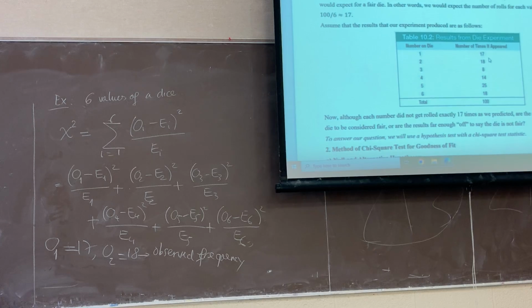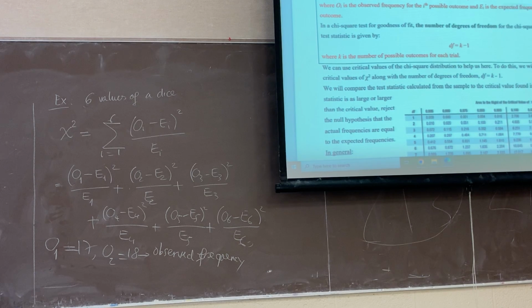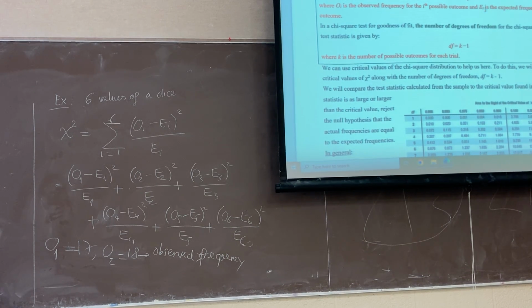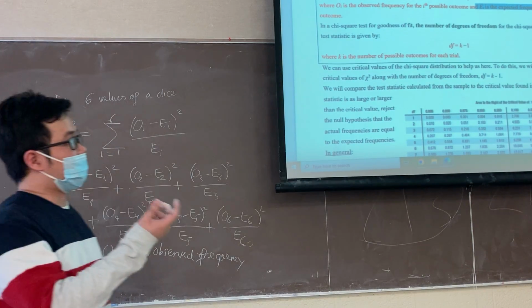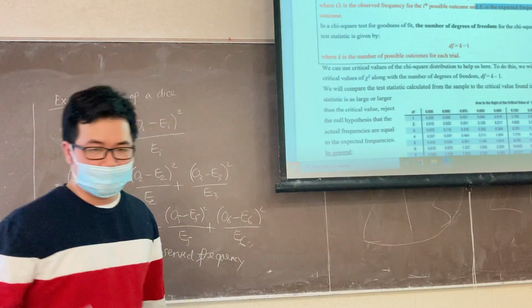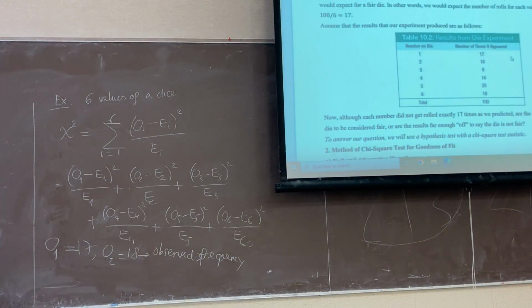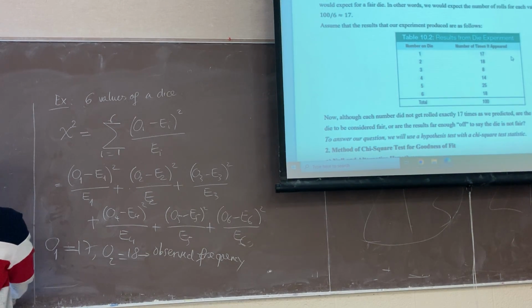How to get the Ei here? The Ei here is the expected frequency. How to get this? The expected frequency will be calculated. It does not come from the table. How to calculate this? Okay, I will erase here.